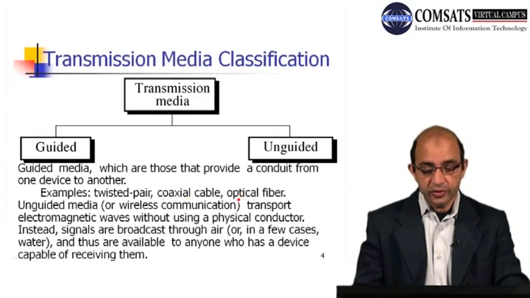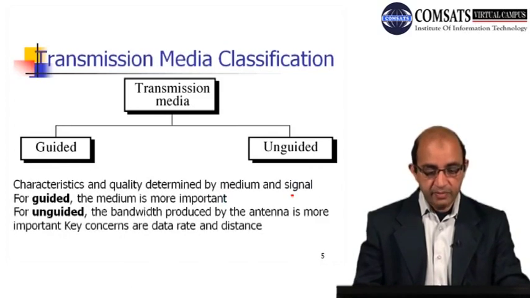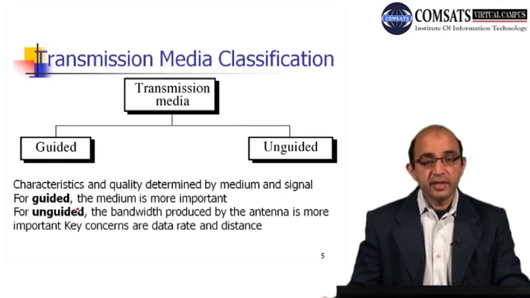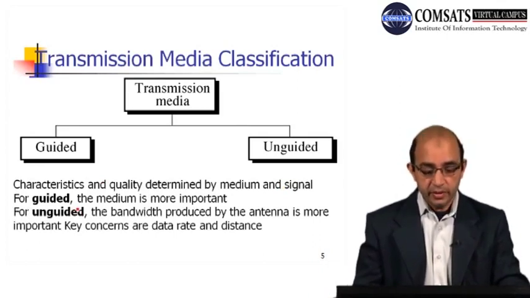Then we can also use optical fiber that is made from glass or fine plastic. When you talk about the classification, the characteristics and the quality of communication is normally gauged by the medium and the signal that is being used.